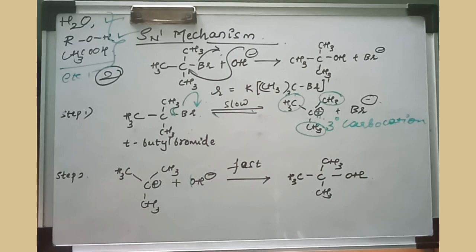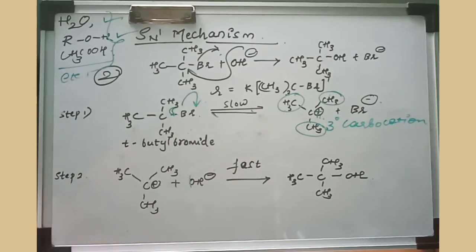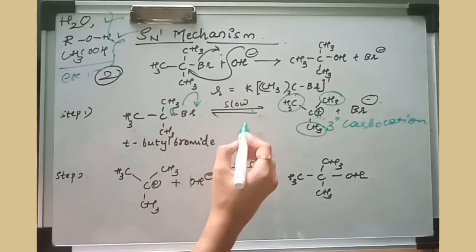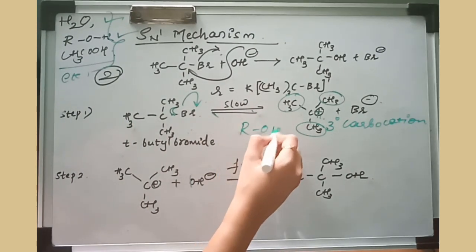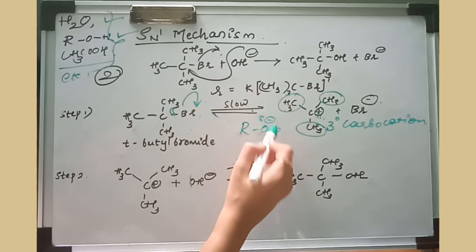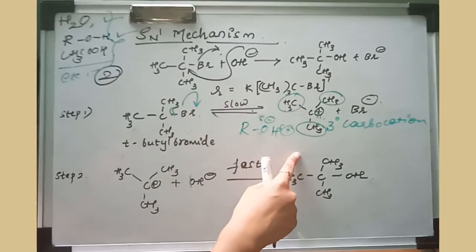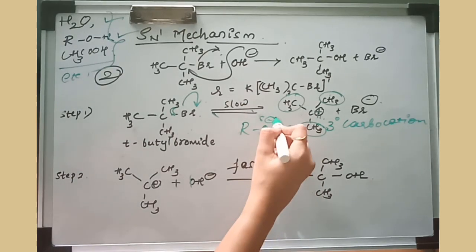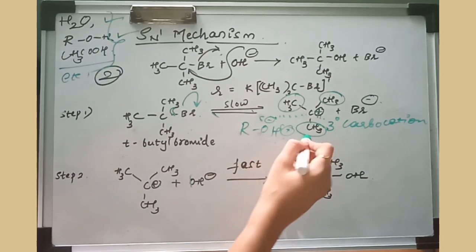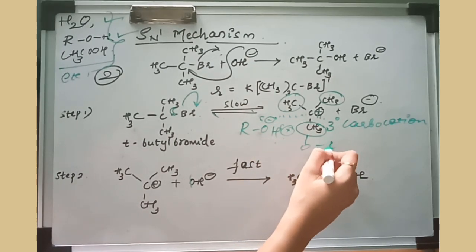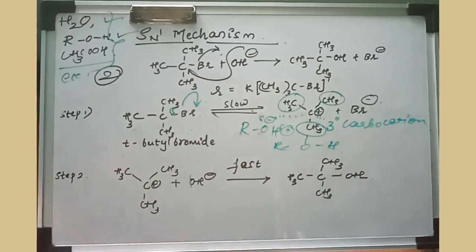So what these polar protic solvents help with is, here you can see there is a carbocation intermediate. If you consider the polar protic solvent alcohol, it has a slight negative charge here and a slight positive charge here. Once this carbocation intermediate is formed, many such solvent molecules will get attached to this carbocation.